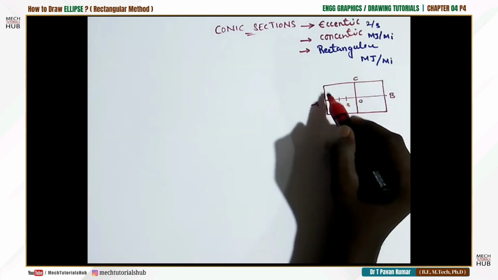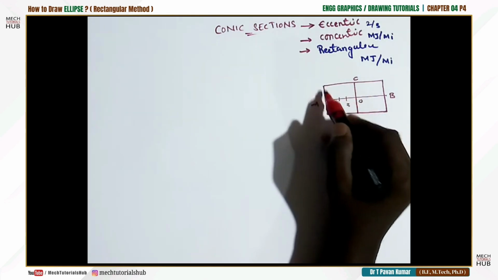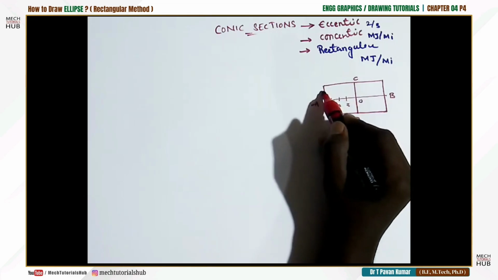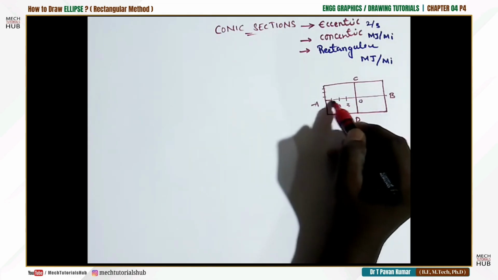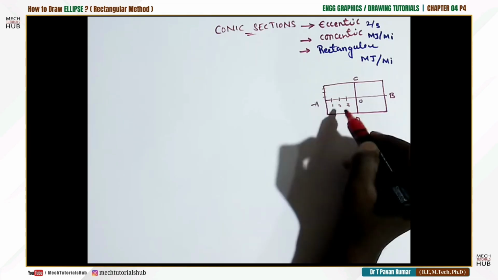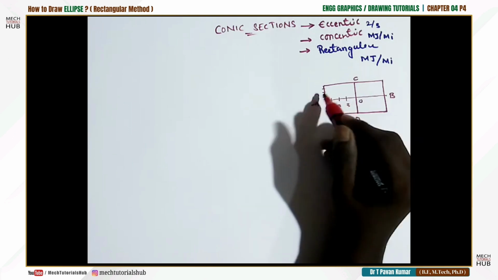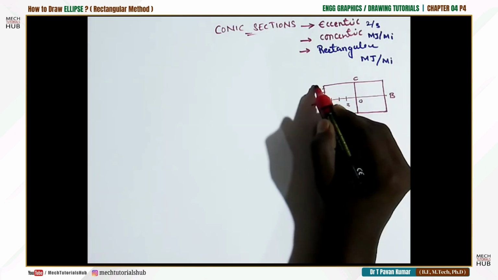Similarly, I'll divide this half, OC, into 3 segments, 1, 2, 3. Let us consider these as 1 prime, 2 prime, 3 prime.